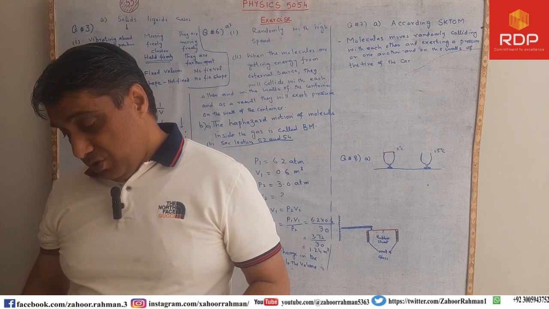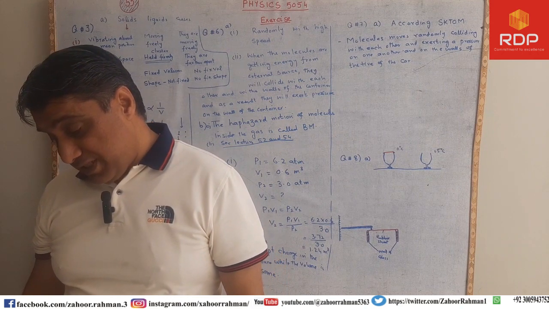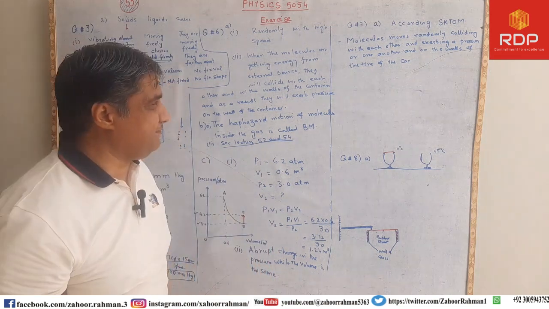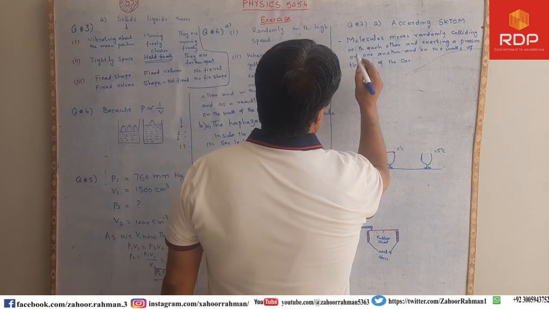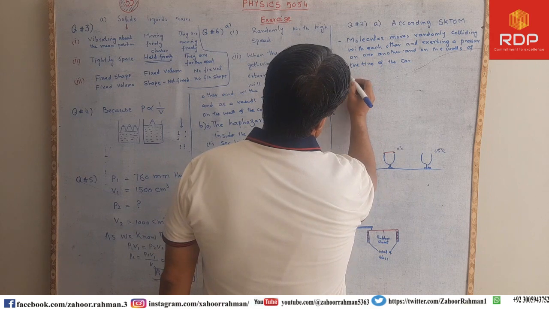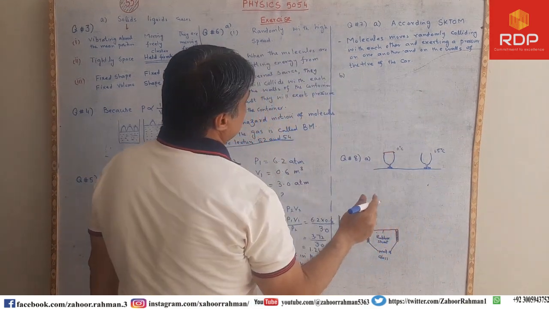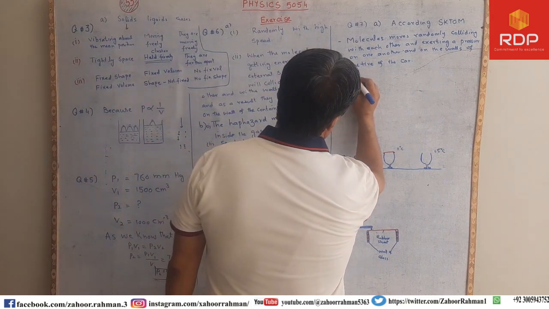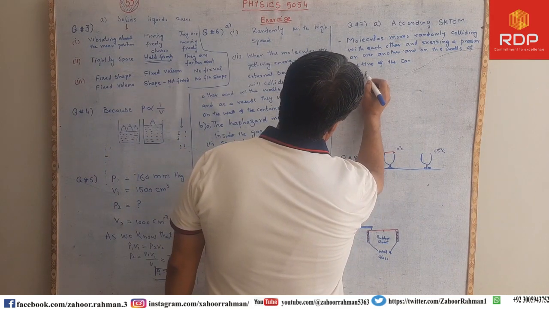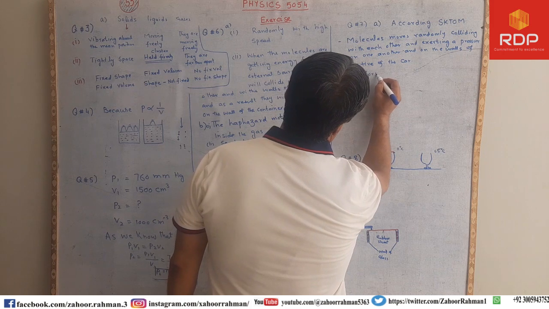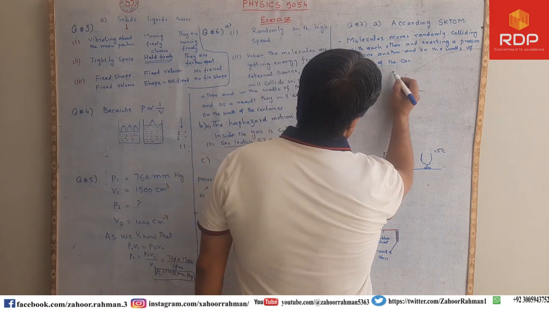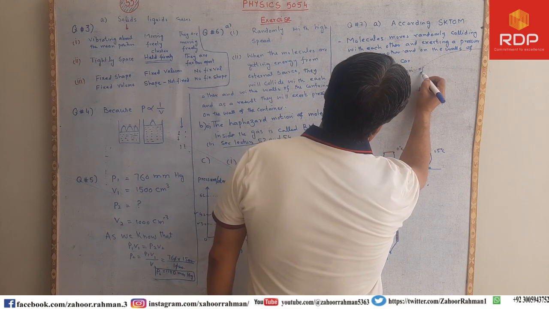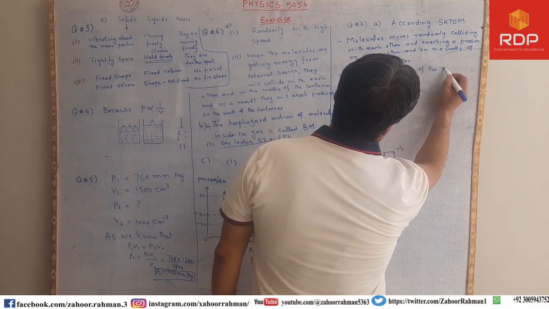Part B: why is the pressure the same at all points inside the wall of the tyre? The answer is because of the uniform motion of the molecules.